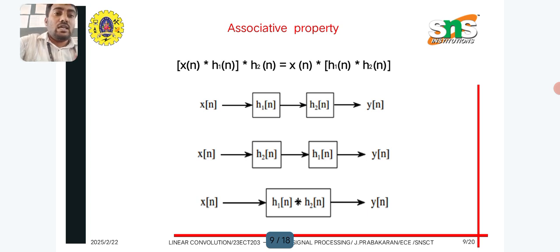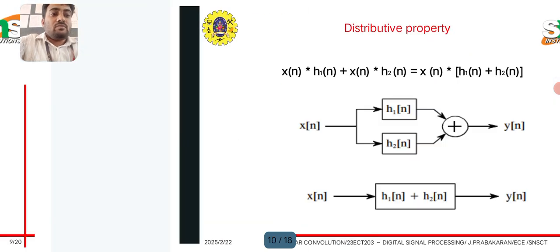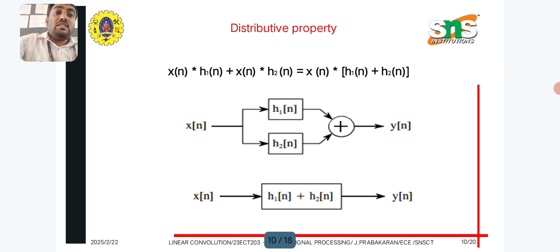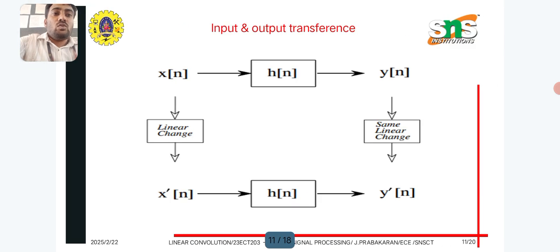You can see the block diagram representation here. And the distributive property: x1 of n convolved with h1 of n, added with x1 of n convolved with h2 of n, is equal to x1 of n convolved with h1 of n plus h2 of n.